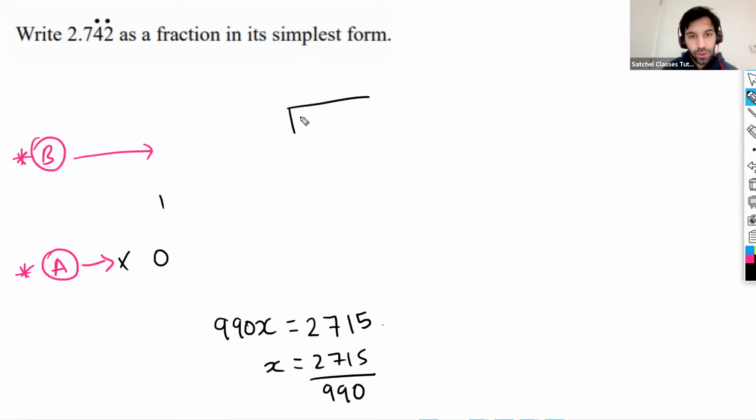So I'm just going to use the bus stop method. 2715 divided by 5. 5 doesn't go into 2. 5 goes into 27 5 times. Remainder 2. 5 goes into 21 4 times. Remainder 1. 5 goes into 15 3 times.